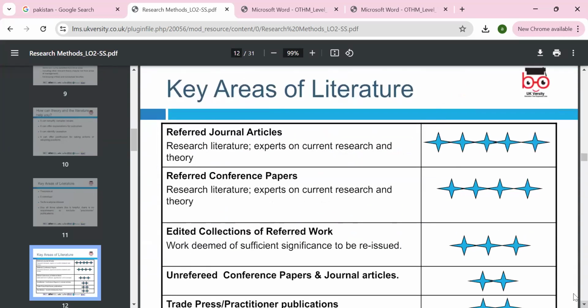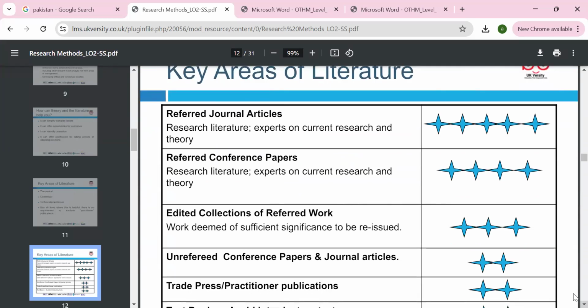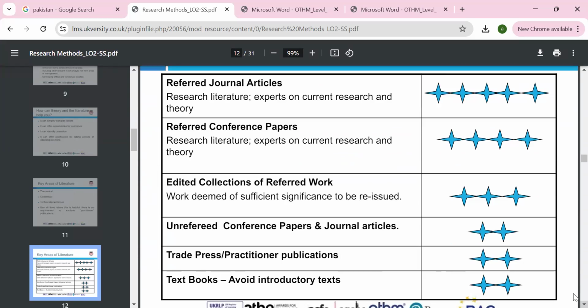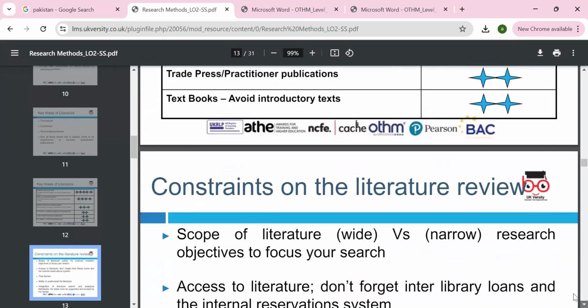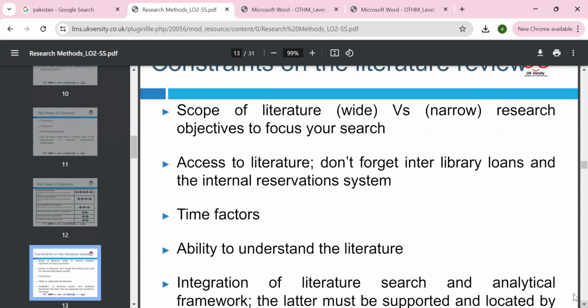When we look at the literature, it can be from journals, books, or conference papers, and we should try to rate those journals. On the scope of the research, there is wide literature and narrow literature, but look around the objective. If you just want to develop understanding, then a basic, narrow scope is fine.